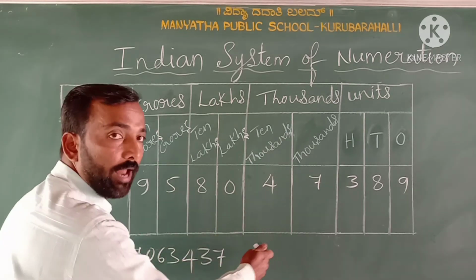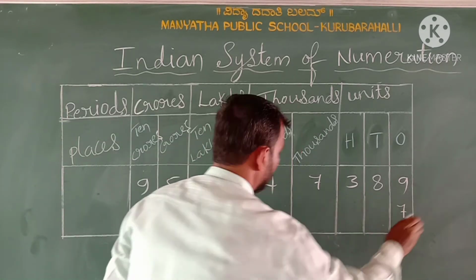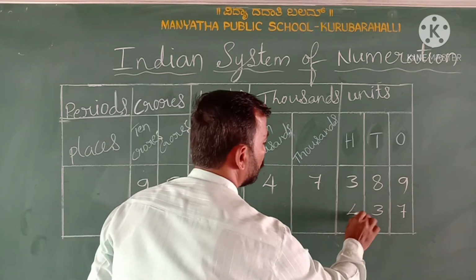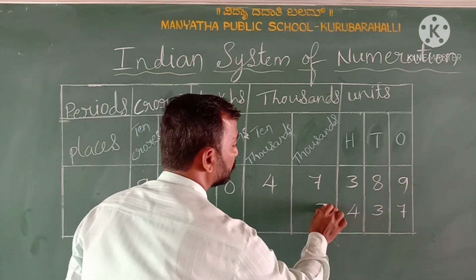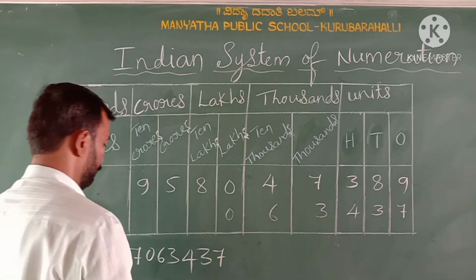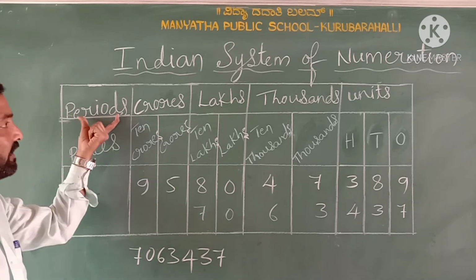As I already told, start from right to left. Here also: 7, 3, 4, 3, 6, 0 and 7.